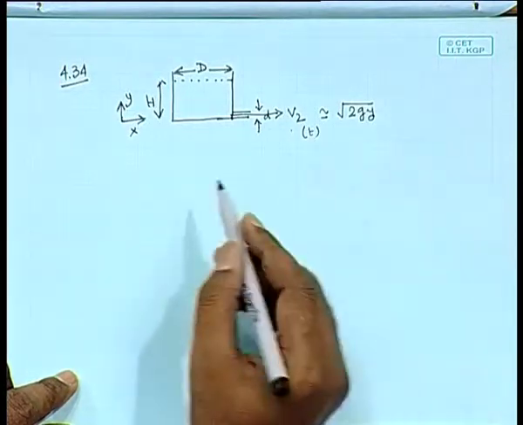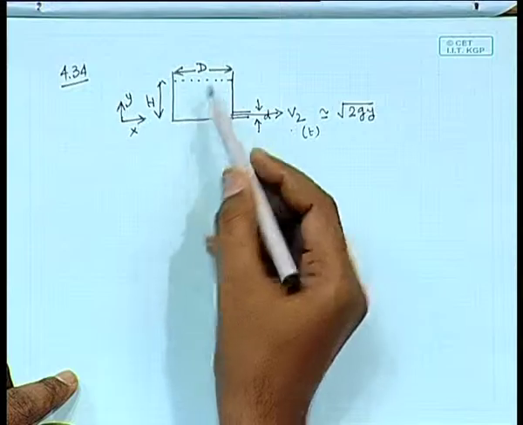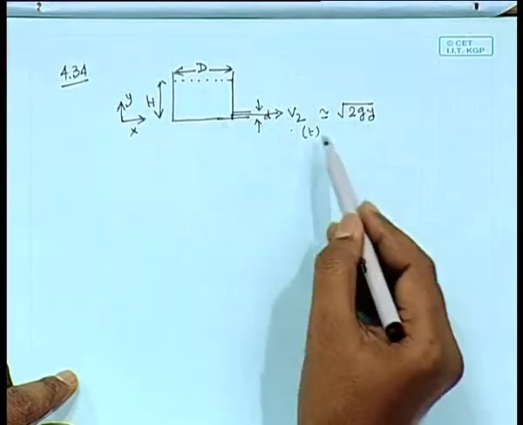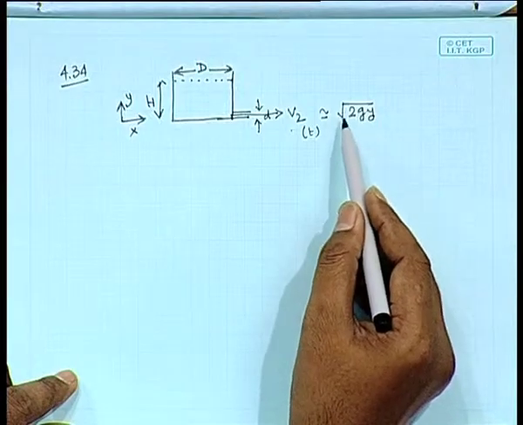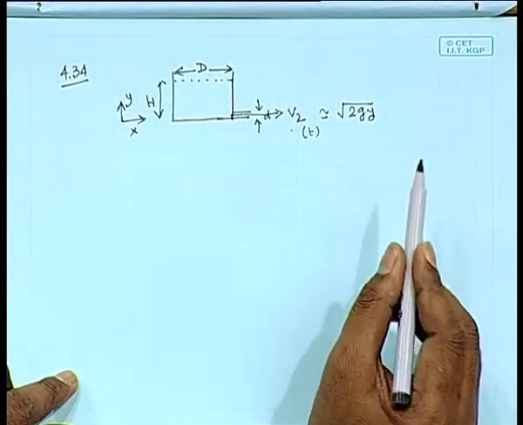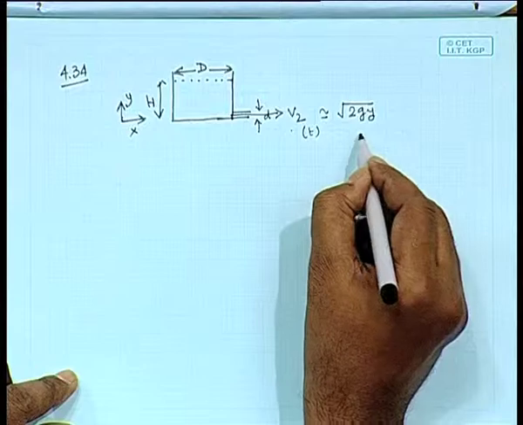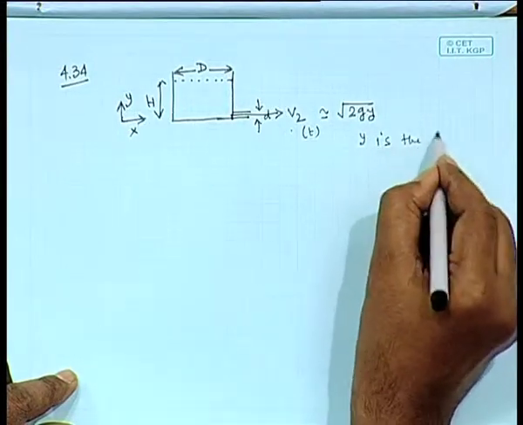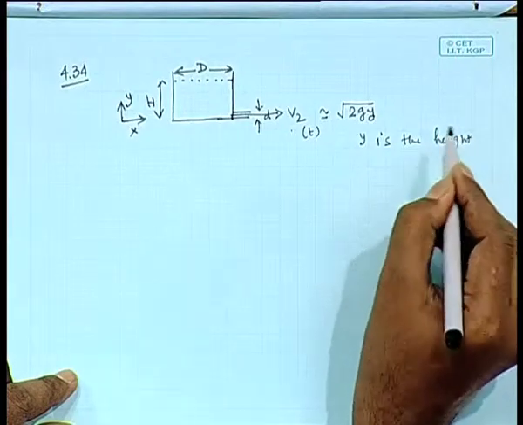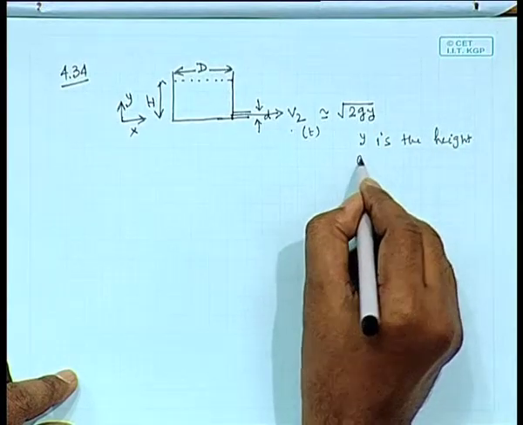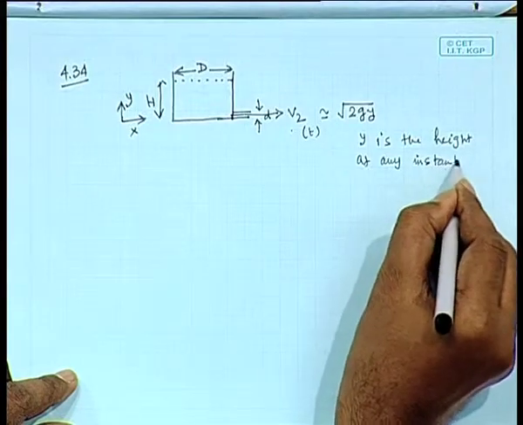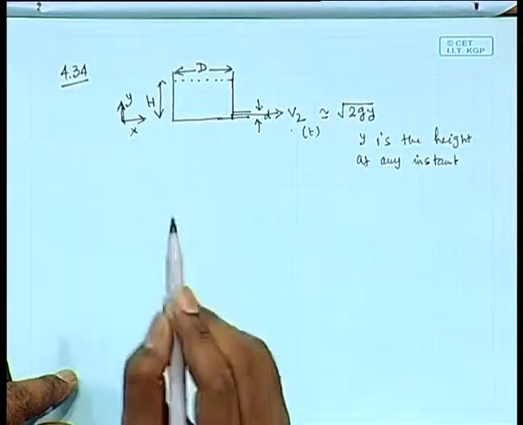So, basically as time goes on, this level will be dropping, and suppose it is y at any instant, and velocity is given by under root 2 g y. Now, y is the distance measured from the bottom, the height at any instant measured from the bottom.